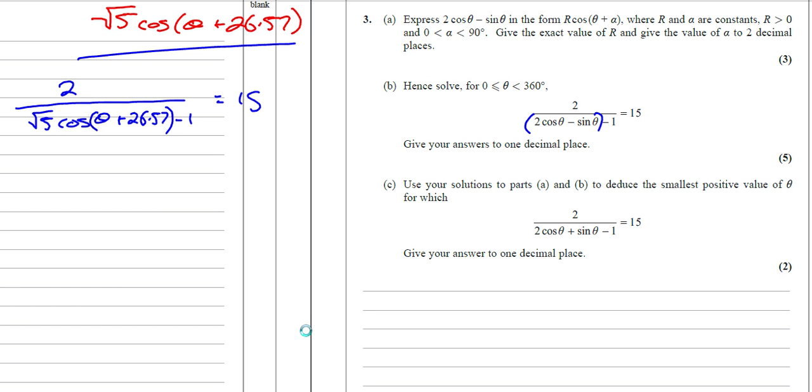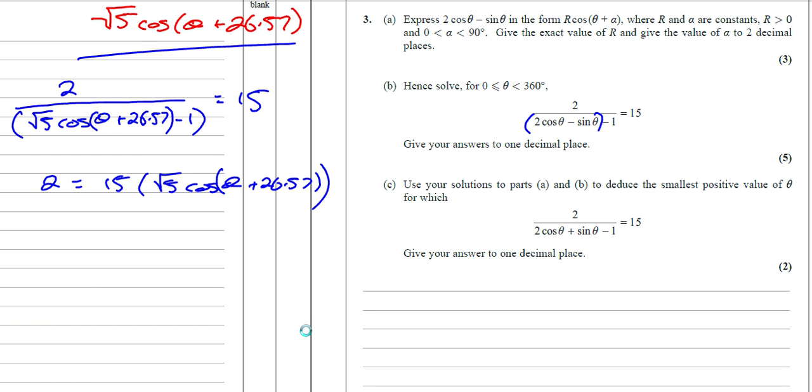That equals 15. So what we're going to do is bring this up. So we've got 2 equals 15 lots of root 5 cos(theta + 26.57).